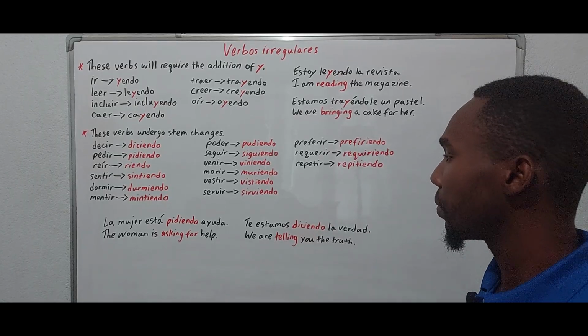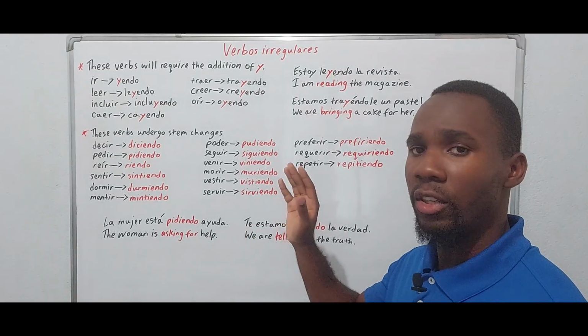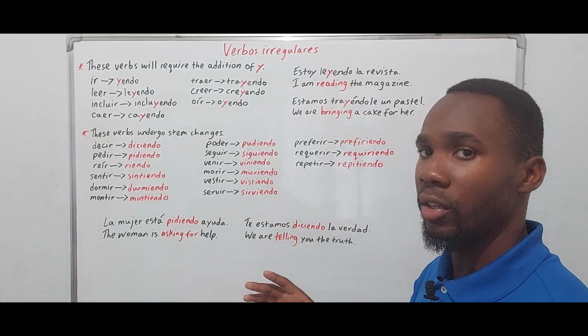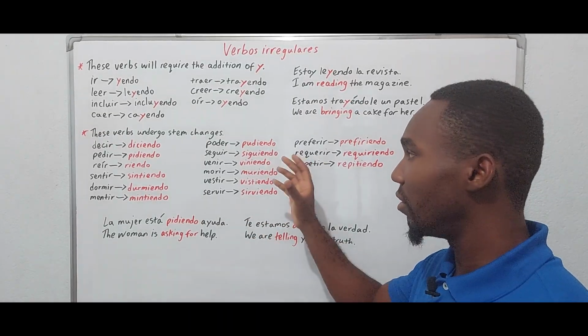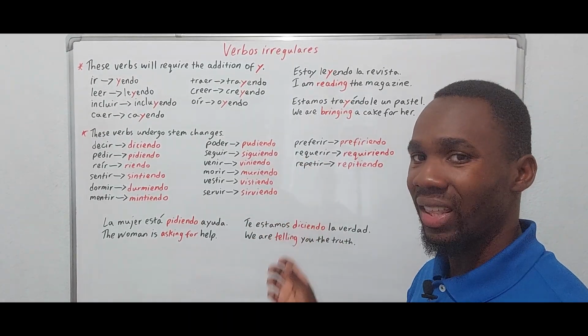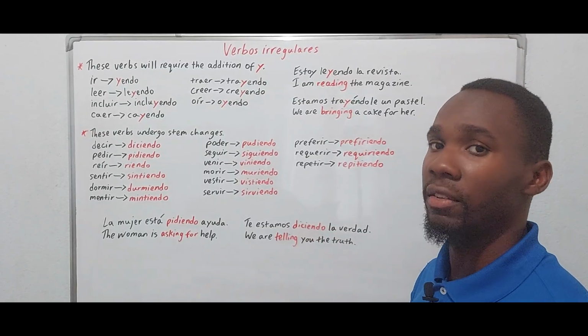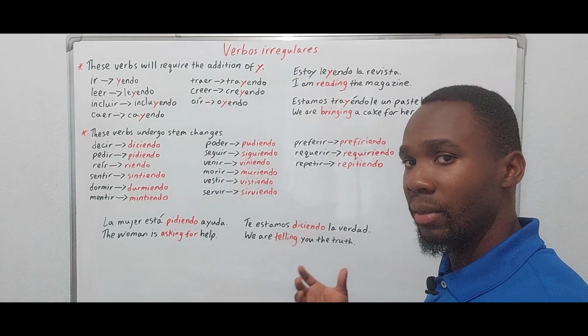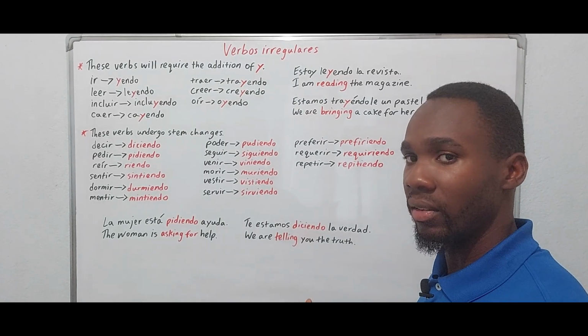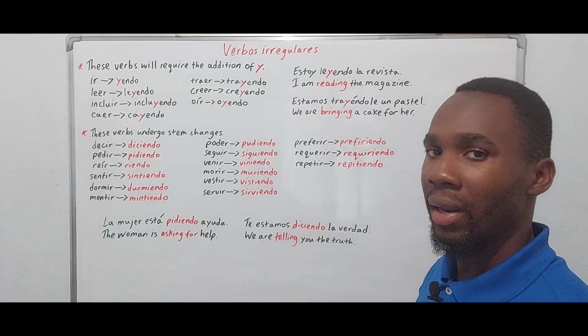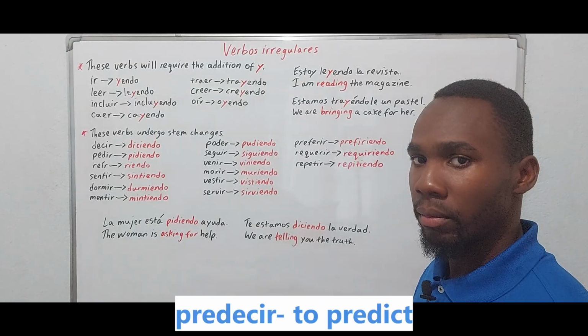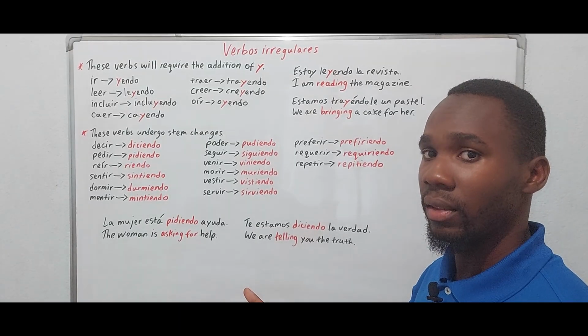Decir, of course. Now, it is worth noting that if you have a verb that carries these verbs within it, in other words, these verbs form part of that verb, then the same structure applies, okay? For example, predecir, which means to predict.